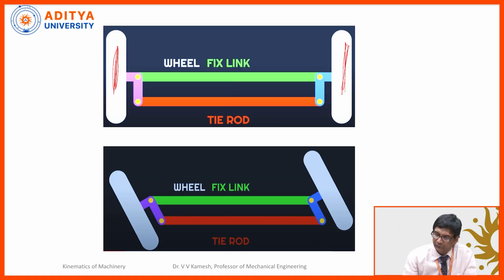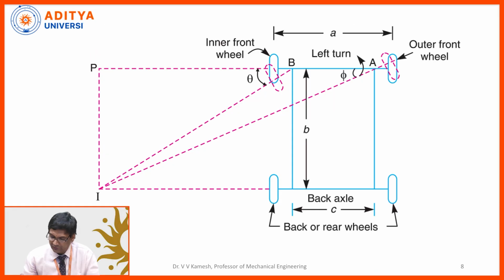The wheels are attached through a link and we are having the tie rod. Whenever you are having the movement, automatically due to the movement given to one wheel, it is being transferred to the other wheel. So this is turning through some angle, and automatically it is tilting the tie rod and the wheel fix link. Now you can see this.